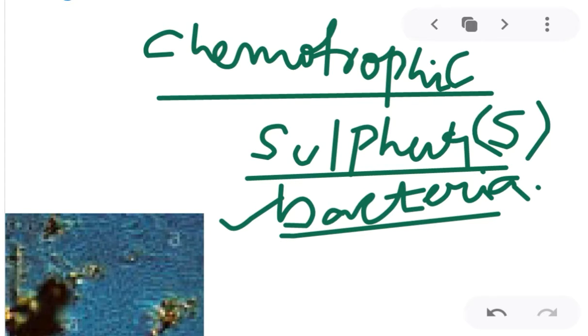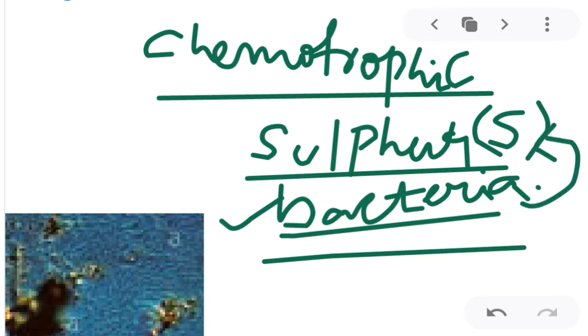So here also this bacteria is not depending on any other living being. Actually this bacteria is depending on inorganic material known as sulfur, and it is obtaining its own food. So this is known as autotrophic mode of nutrition, because sulfur bacteria is not depending on any other living organism. It is depending on the sulfur chemical. So the chemotrophic mode of nutrition also comes under the autotrophic mode of nutrition.